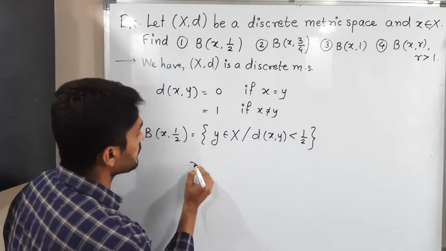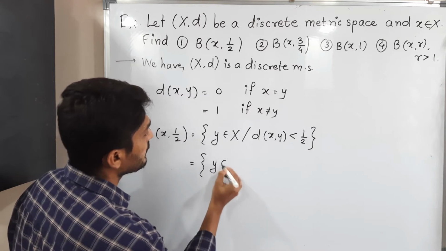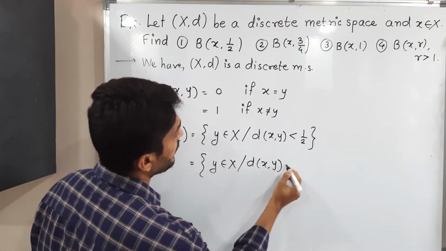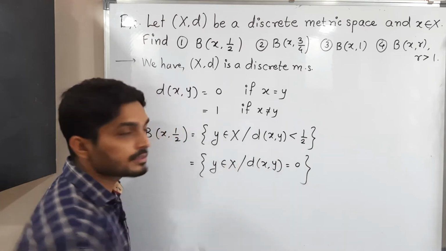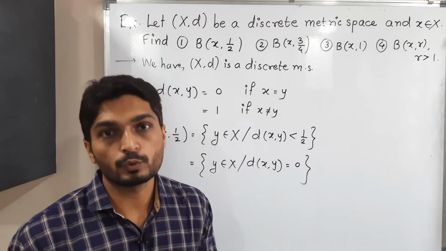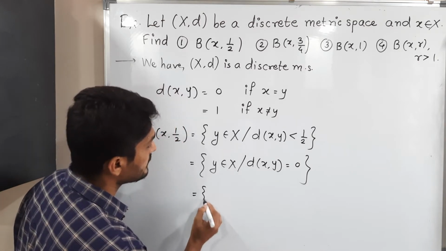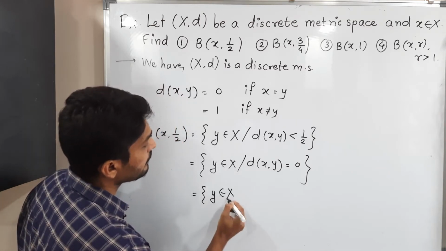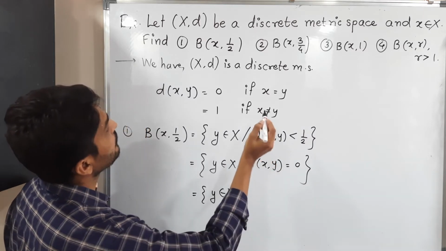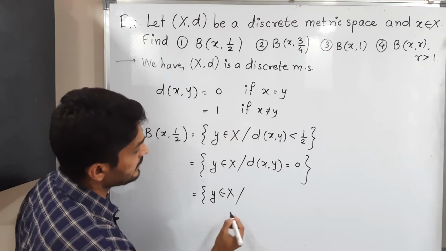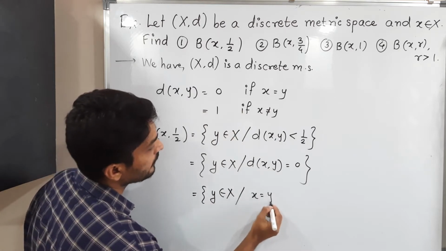So that's why the only possibility is distance 0. So I will mention here, it contains all points y such that the distance between x and y is 0, since it is less than 1/2. So by definition, tell me what can I write? The distance between x and y is 0, that means x is equal to y, right?